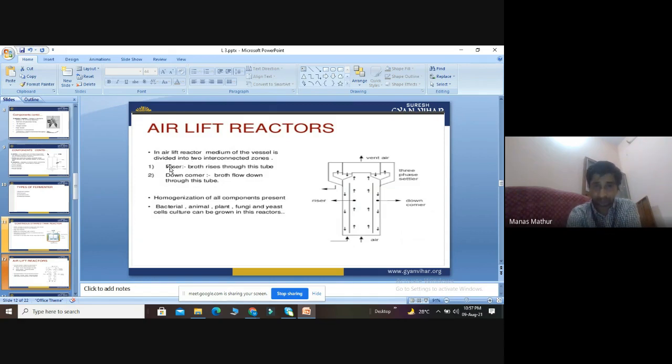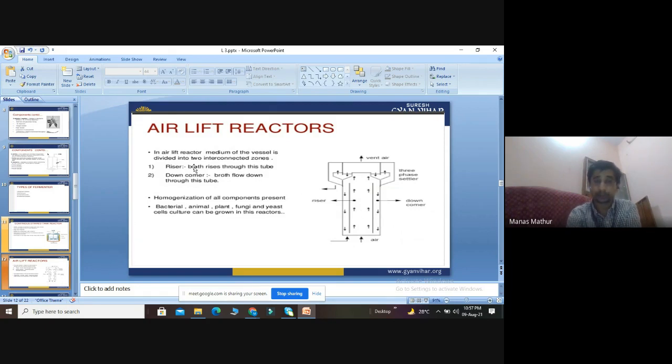It contains the riser on both sides. They have a down corner, a vent for air, and a three-phase settler. Vent air, riser, down corner.